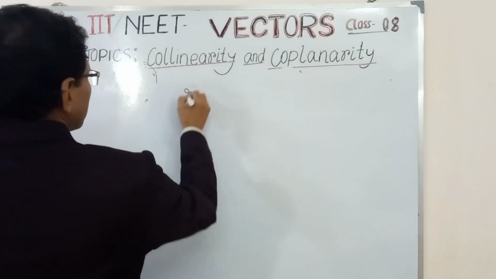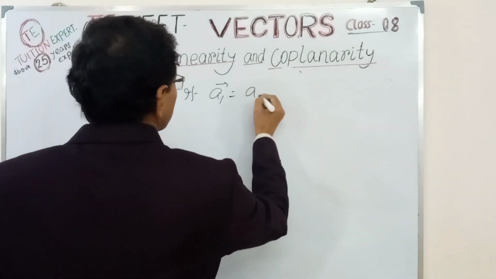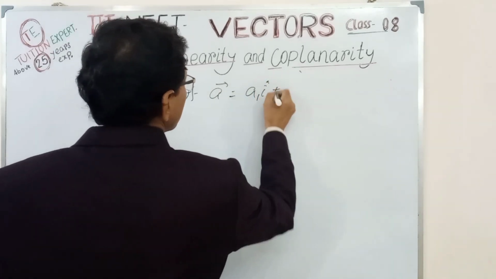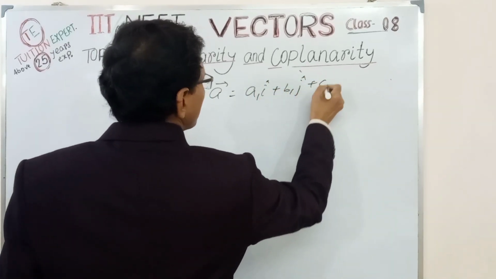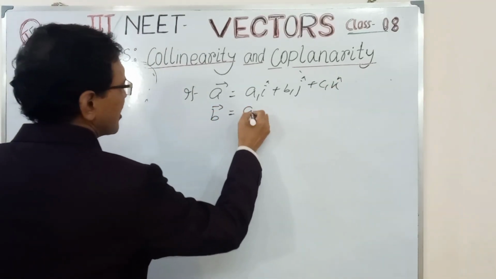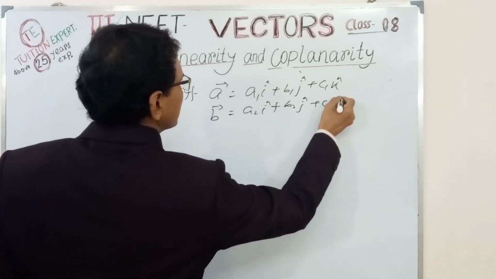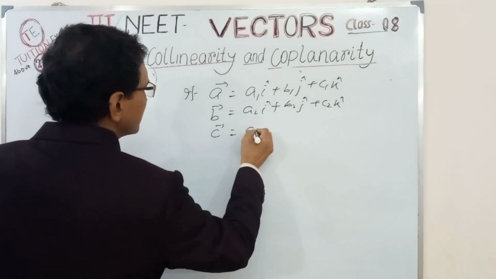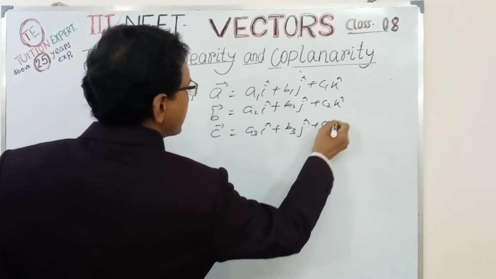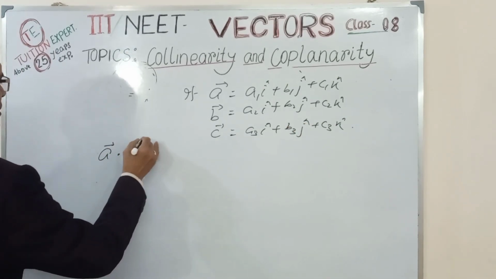Now suppose A equal to A1 i plus A2 j plus A3 k, and similarly B and C. What is the result of A dot B cross C?